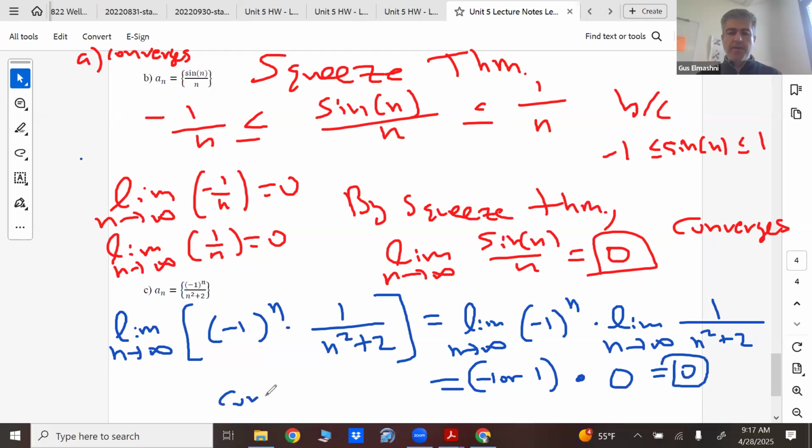Let me say this converges as well. Now, where things get a little messy is what if this is 2 to the n over n squared plus 2? Then you have infinity times 0. And that's where we can't use this limit property. That's not for us to talk about. We won't have that discussion. That's for next year. But for now, just keeping things simple. Here's what's happening: take the limit, find the infinite term, see if it converges.